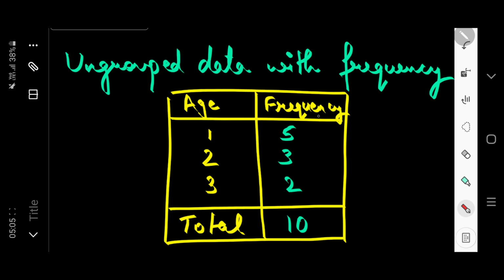With those we are also provided with the frequencies. So this example is basically for the ungrouped data, and this is the frequency. So ungrouped data with frequency.